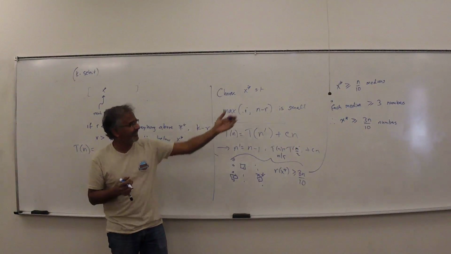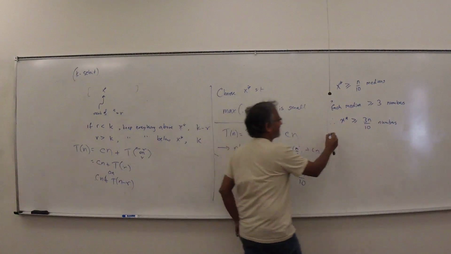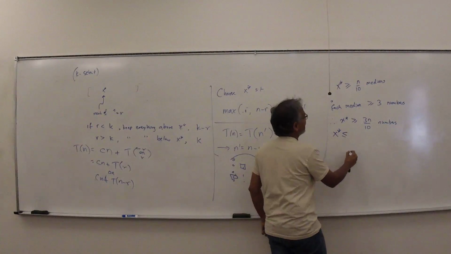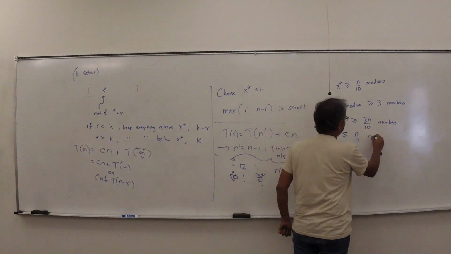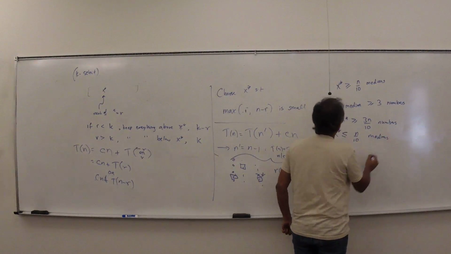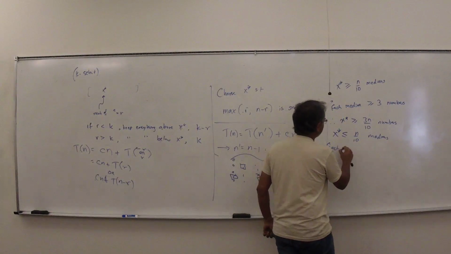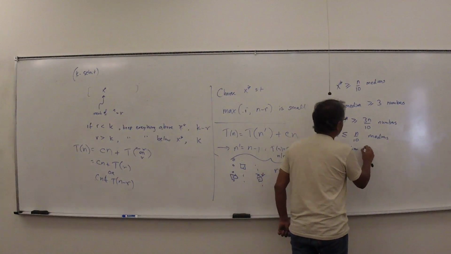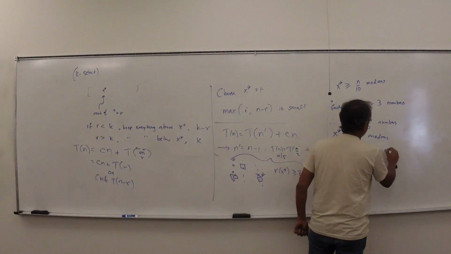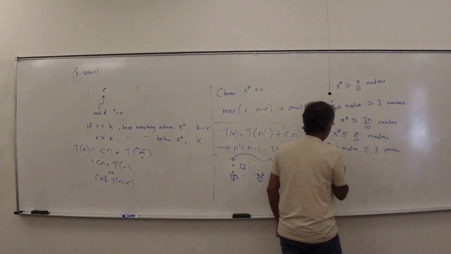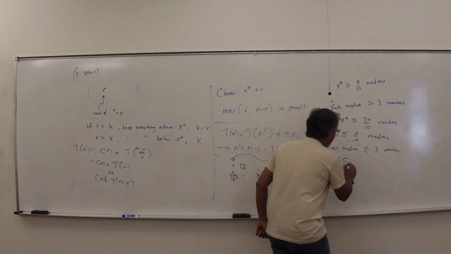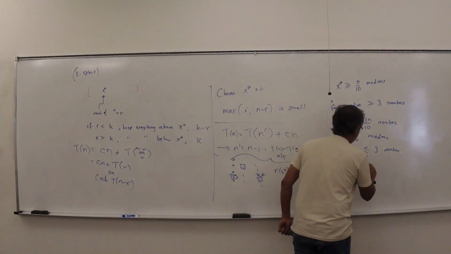And how do we say that? Exactly the same way. x star is less than or equal to n over 10 medians. Each median is less than or equal to 3 numbers. So x star is less than or equal to 3n over 10 numbers.